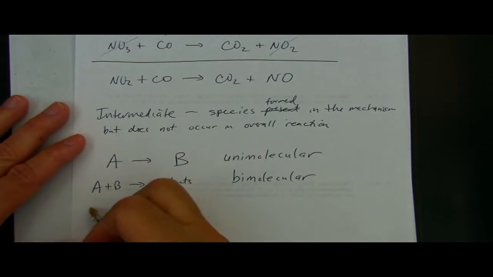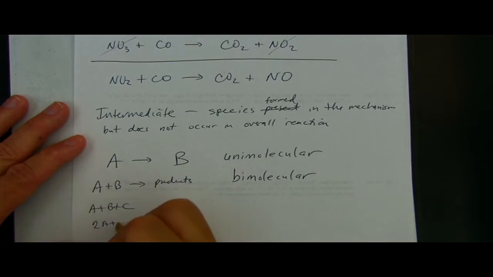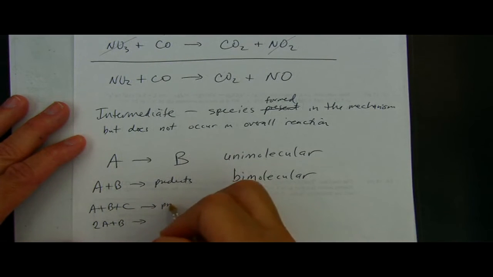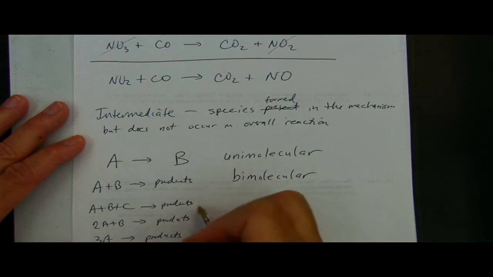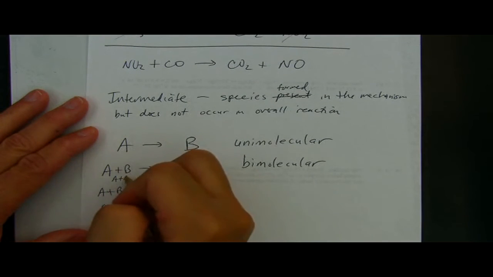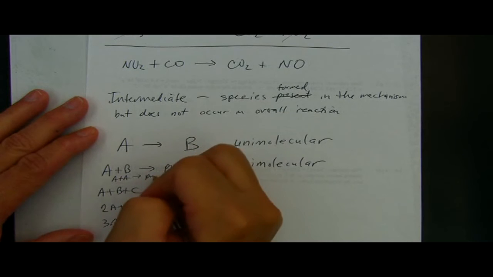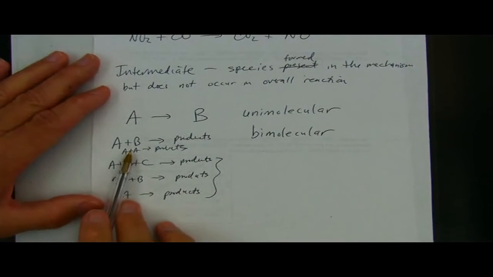If you have 2A plus B goes to form products, or A plus A goes to form products, both of these would be bimolecular processes.